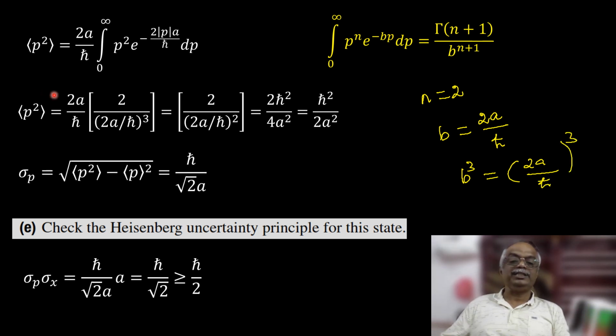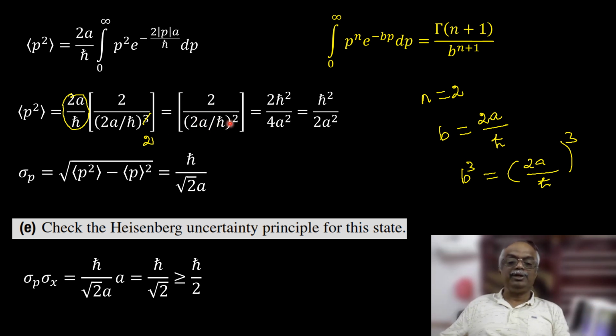So you substitute this here. You have already 2a over h cross, gamma of 3 is 2 factorial, which is just 2. And we have seen q cubed is 2a divided by h cross power 3. Here you have already 2a divided by h cross, which will get cancelled with this cube. It will become square. So you will get 2 divided by 2a over h cross whole square.